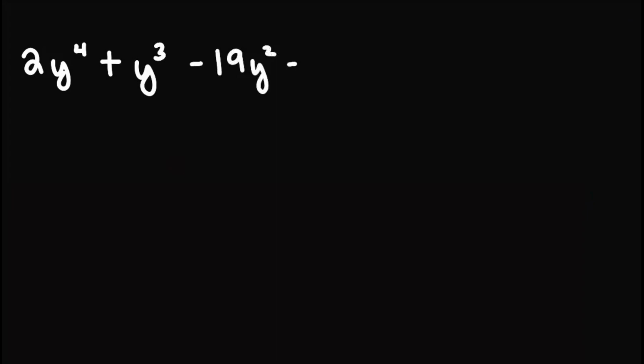Let's have this next example. Let's have 2y raised to 4 plus y cubed minus 19y squared minus 9y plus 9 equals 0. And note here that we can't really factor anything. We can't also substitute anything out here. So, how do we factor this one? Well, we can apply a part of the rational root test, but it won't end there.